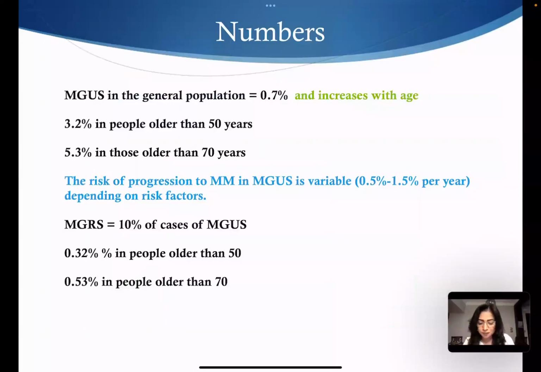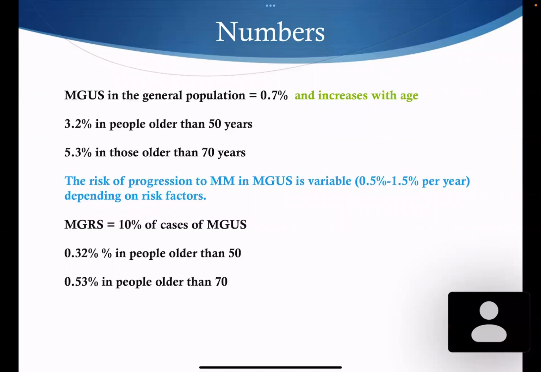Okay, so just to get that in numbers, as Wesam mentioned, the previously known MGUS was including the kidney, but now we remove the kidney out of this. In the general population, it's like 0.7%, and this increases with age. So for people more than 50 years, it's 3.2%.